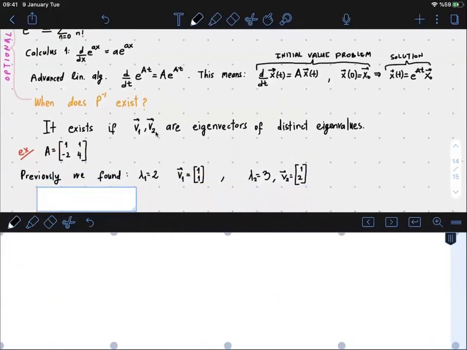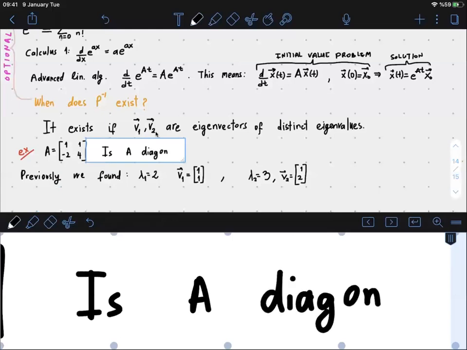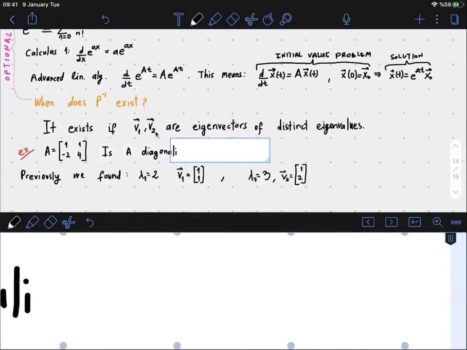So what does this give us? The question is: is A diagonalizable? I think we didn't define what diagonalizable means.